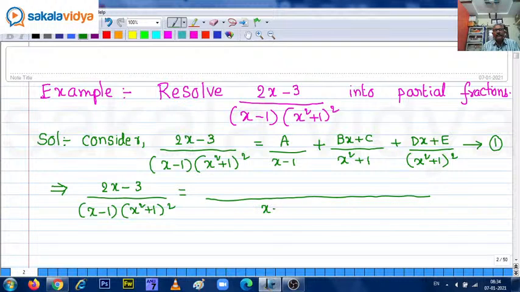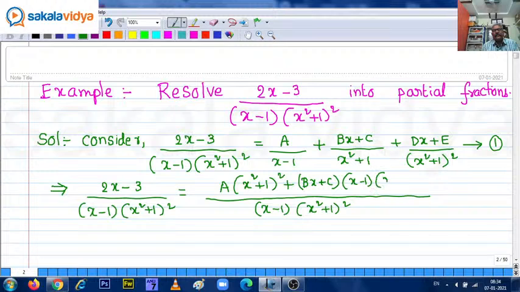You will be getting x minus 1 times x square plus 1 whole square. x minus 1 gets cancelled: a times x square plus 1 whole square, plus x square plus 1 cancels: we have bx plus c into x minus 1 into x square plus 1, plus x square plus 1 whole square cancels: dx plus e into x minus 1.